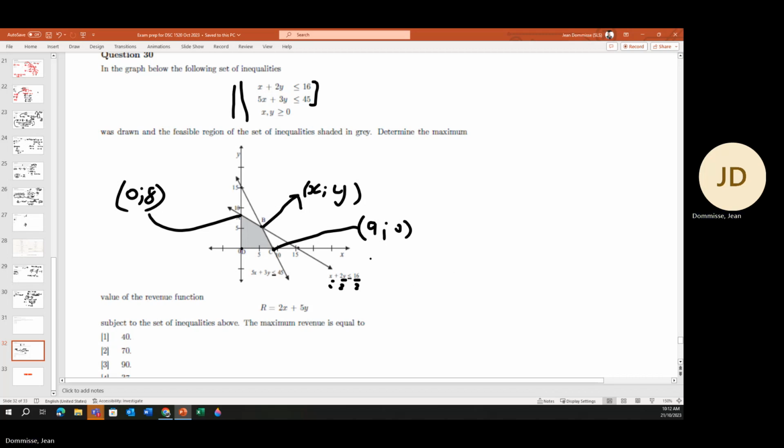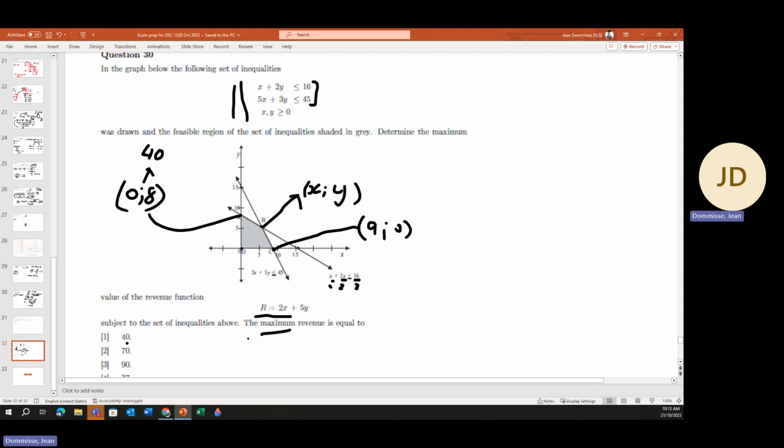So what we can do is, here's the revenue function. So we need to put in the values, get the revenue, and then check which one is the maximum. So for this point, if we put in 0, we put in 8, the total revenue is 40.